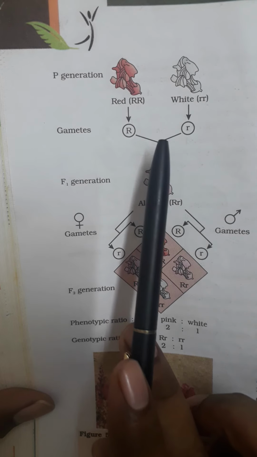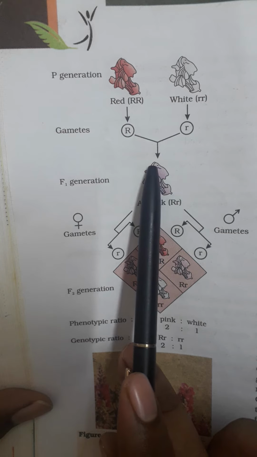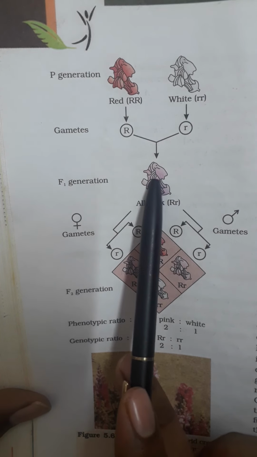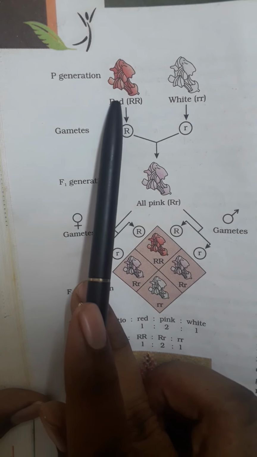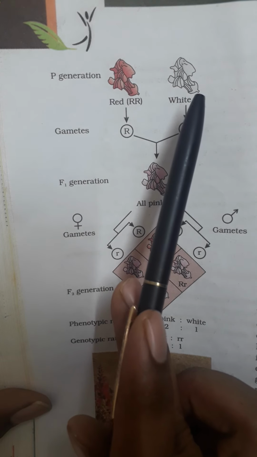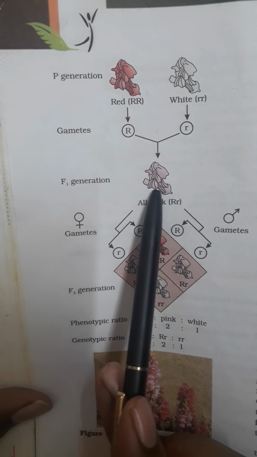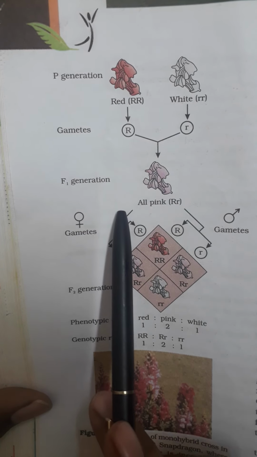But here in this cross, the parental characters are not expressed. Here the factors are blending to form an intermediate color. One parental plant consists of red color flowers, and the other parental plant consists of white color flowers, whereas the F1 progeny plants produce pink color flowers. So blending takes place.